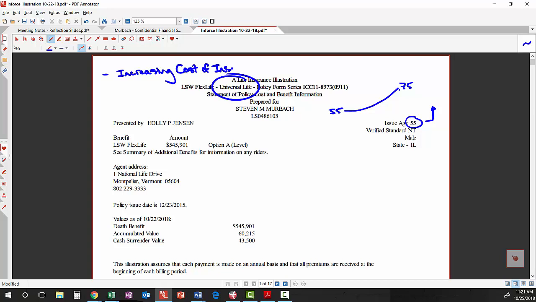And what that means is that in order for that cost increase to be met or satisfied, you have to have a certain amount of gain or growth in the market, because a universal life policy is tied to the market, meaning the stock market.